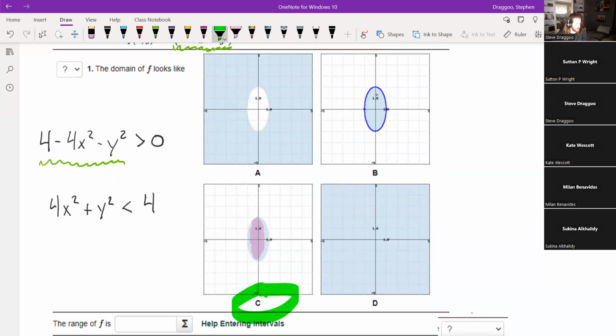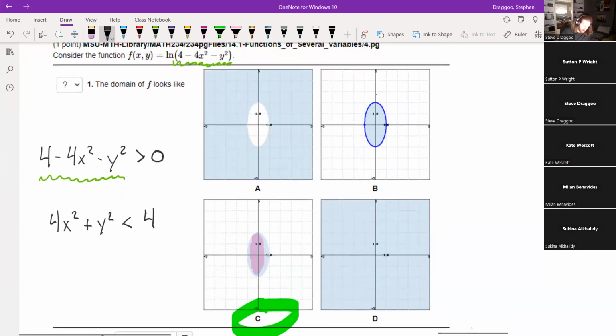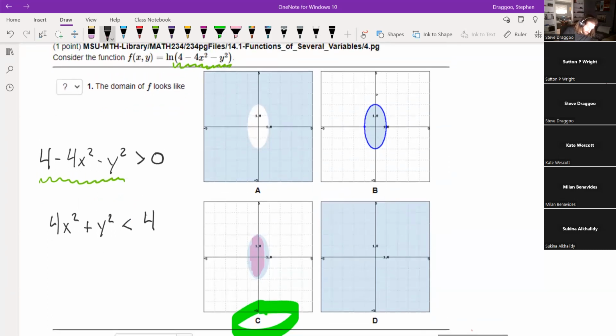Now, to discuss the differences between the other options here, the one directly above that, A, looks like 4x squared plus y squared being greater than 4. That's everything on the outside of the ellipse.